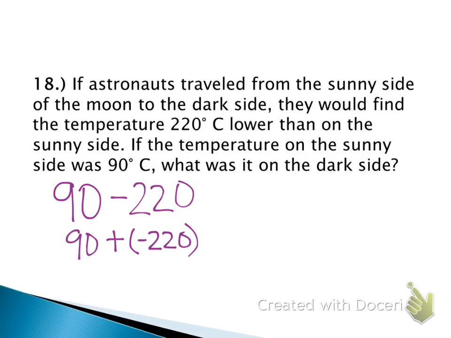And either way you do it, what do we get? We know it'll be negative because the negative number is way bigger. Carl, did you get it? Negative 130. So on the dark side, it would have been negative 130 degrees Celsius.